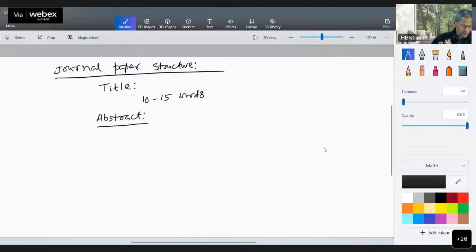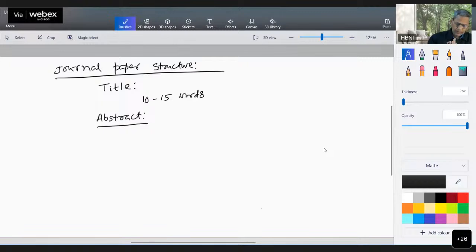The abstract is very important. You give away all the important results here. It is very important to write, because only interested people will read the whole paper. Everybody is not going to read the whole paper, only interested people. Therefore, the abstract should have positive information about the content of the paper and the summary of the work reported in it.